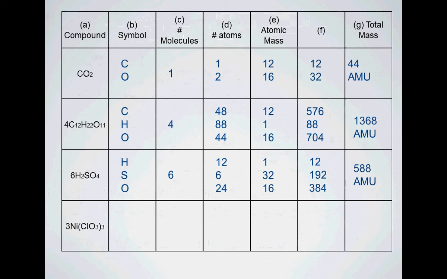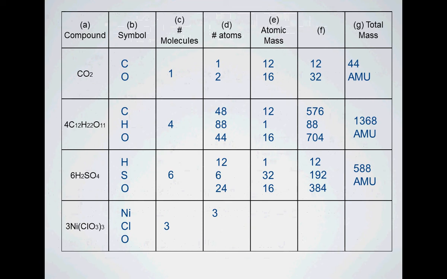All right. Here, we have nickel. We have chlorine and oxygen. How many molecules of this? 3. So how many atoms of nickel? We have the molecules, 3, times what's the subscript for nickel? 1. So there's 3 nickel. How about chlorine?